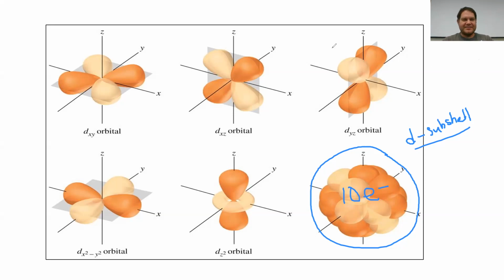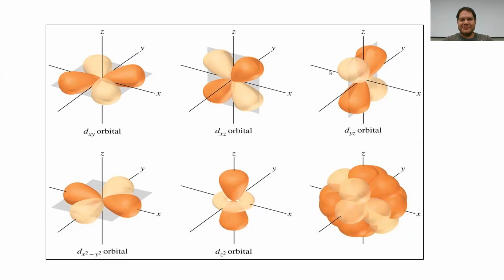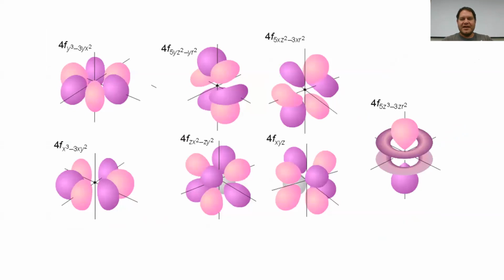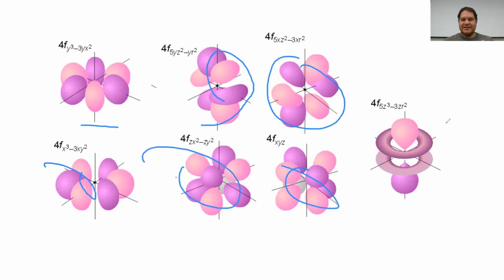Hey, we're not done. Guess what? There are more subshells. There are what are called f subshells. Oh my goodness, look at these f subshells. I don't think you have a copy of this in your notes, but this is what the f subshells would look like, and there are 7 of them: 1, 2, 3, 4, 5, 6, and 7.